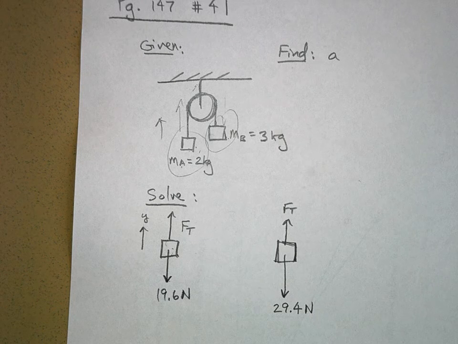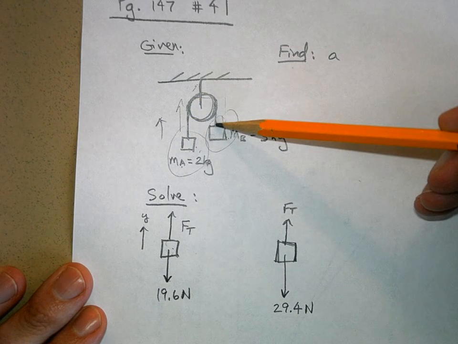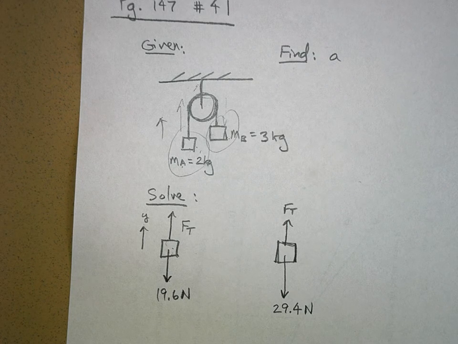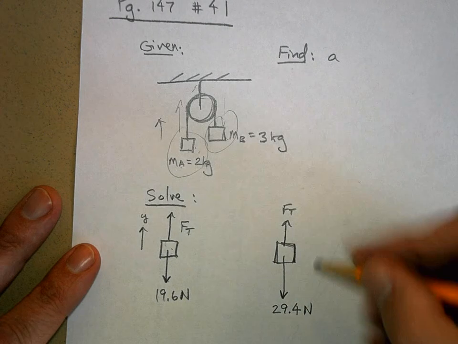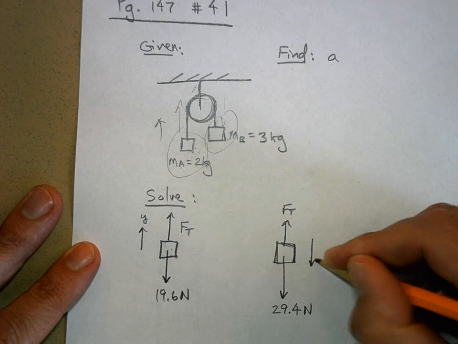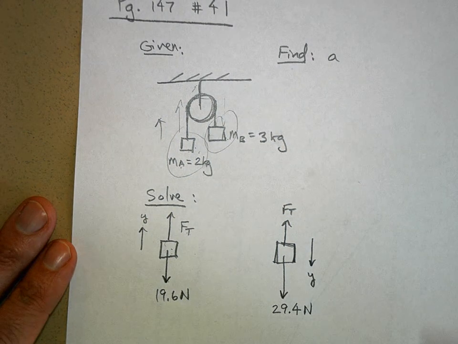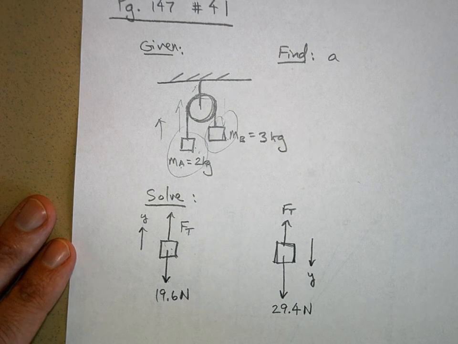Everybody listen before you get ready to leave. This string, the tension is the same everywhere in the string. When you have a string, the tension is the same throughout the string. So this tension force equals this tension force. And my coordinate system is going to be down. My positive y direction will be down. It told me to do that in the problem. Okay.